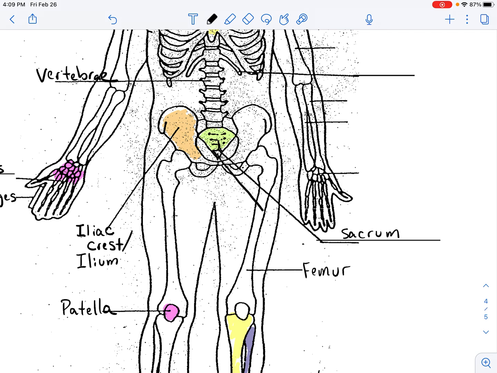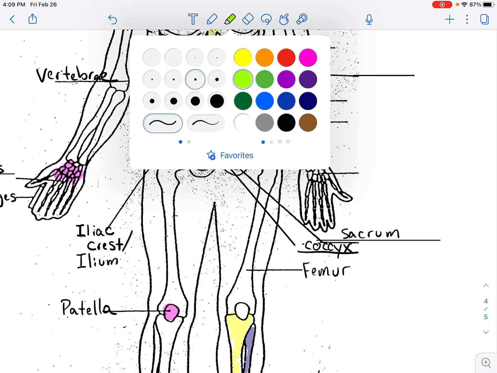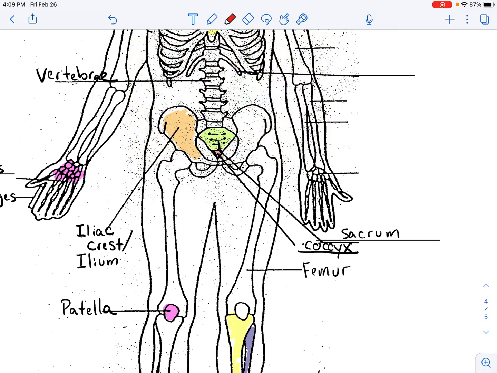And then just below it is your tailbone, which is called your coccyx. C-O-C-C-Y-X. And I'll see if I can highlight that a different color. I'll do red right there.